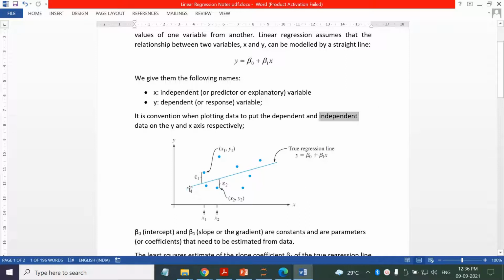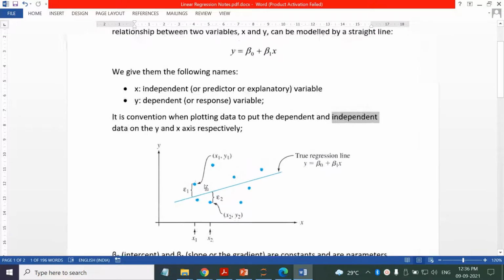This straight line is our true regression line, represented by the equation y equals beta 0 plus beta 1 x, and these are the actual data sample points. As you can see, epsilon 1 is the error for the first data point, x1. Our regression line will predict this value. Let me zoom here.